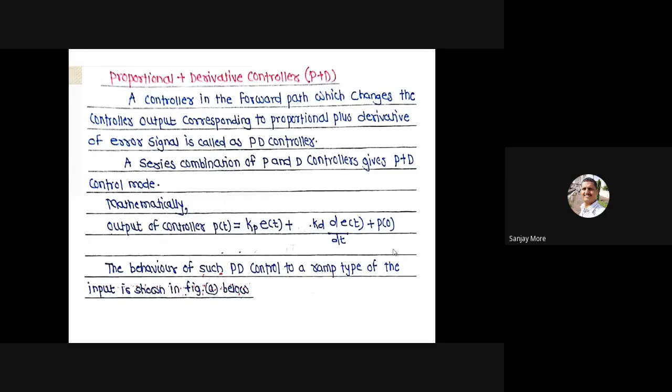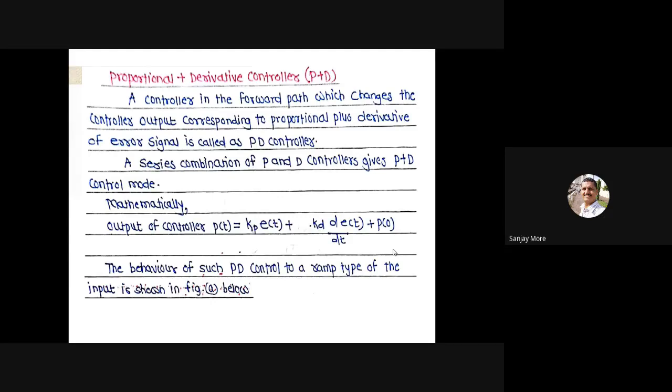In mathematical expression, output of the PD controller is P of t equals Kp, gain constant of proportional, into error E of t, plus Kd, gain constant of derivative controller, d by dt error E of t, plus proportional output.